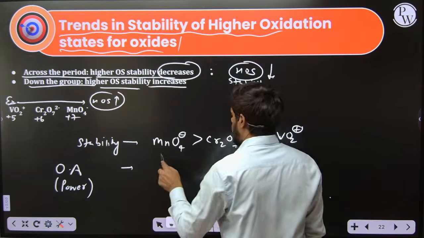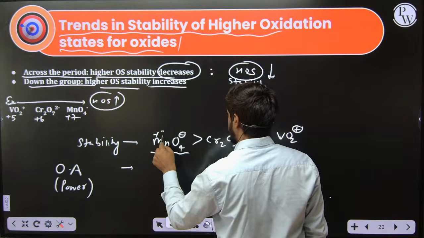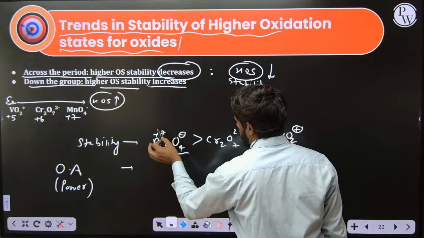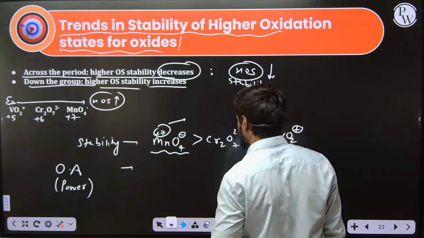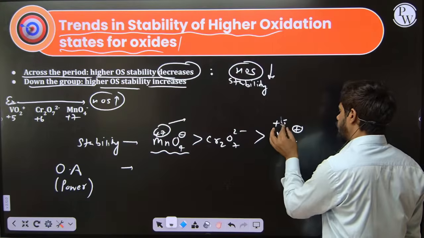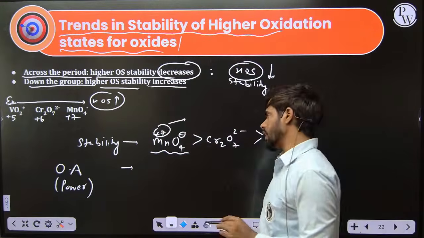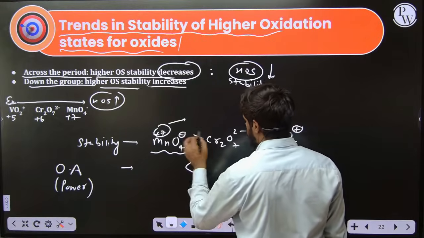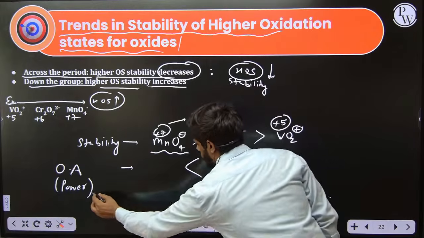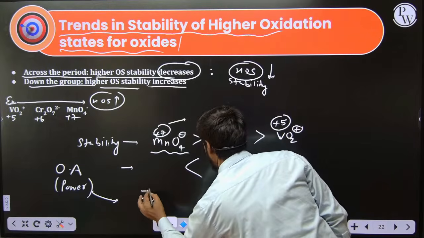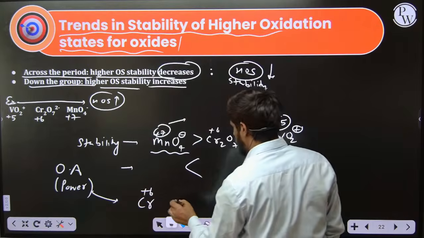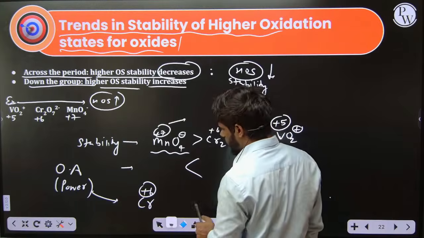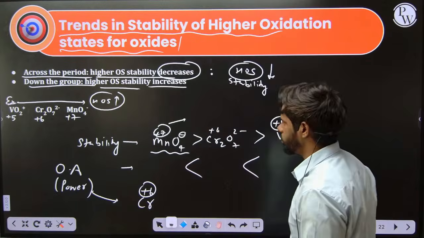As we know, the highest oxidation state of Mn, +7, is more stable, so it will not get reduced easily. In the case of vanadium 5+, it will get reduced easily. So chromium +6 has more oxidizing power than manganese +7. So this is stability and oxidizing power.